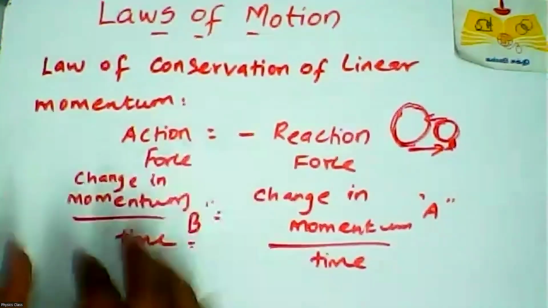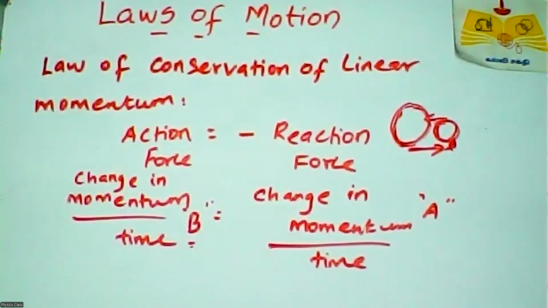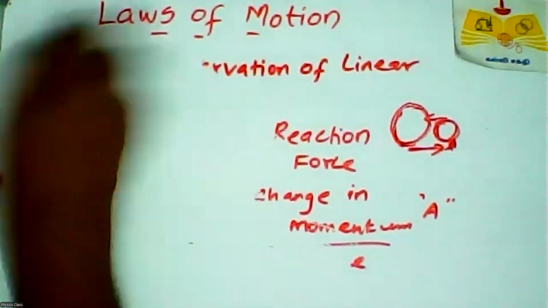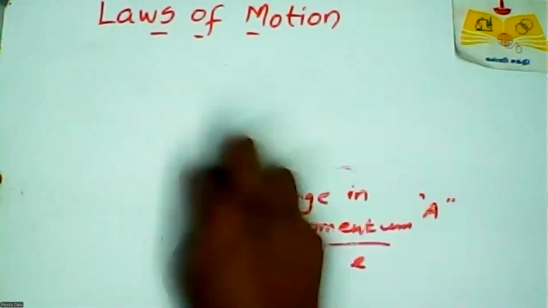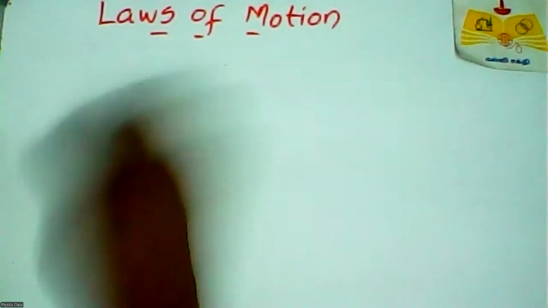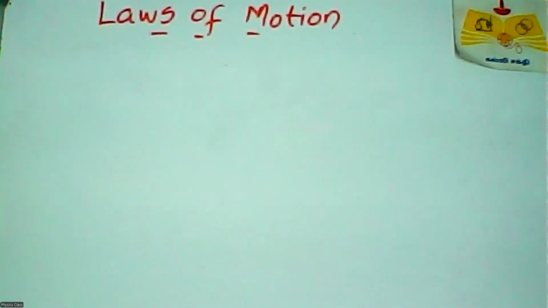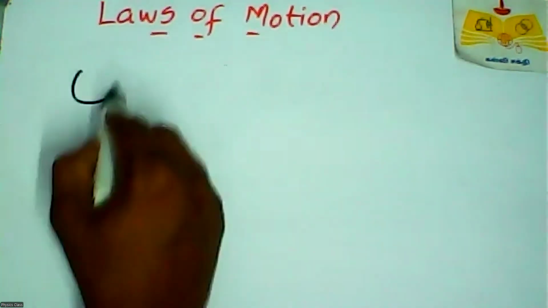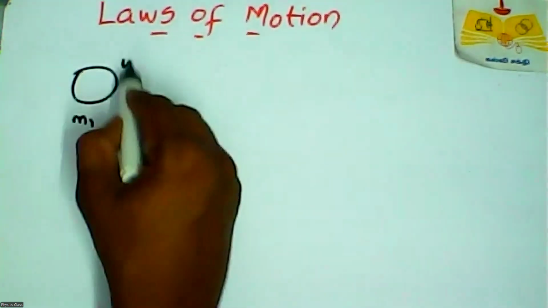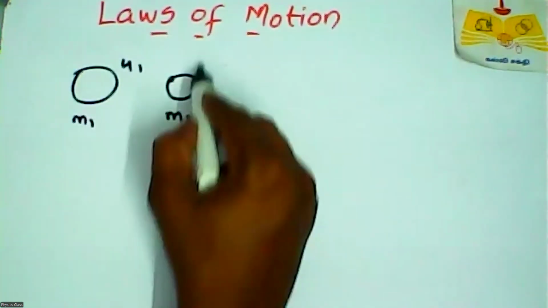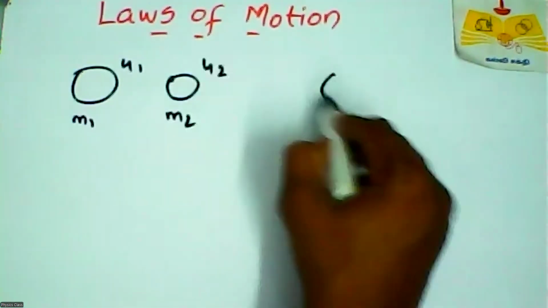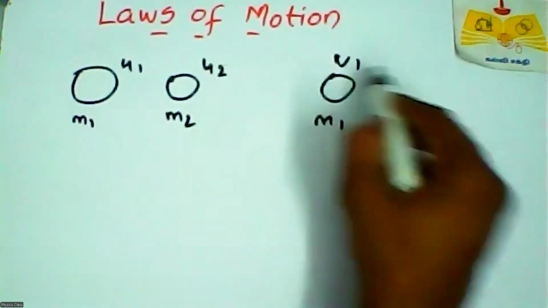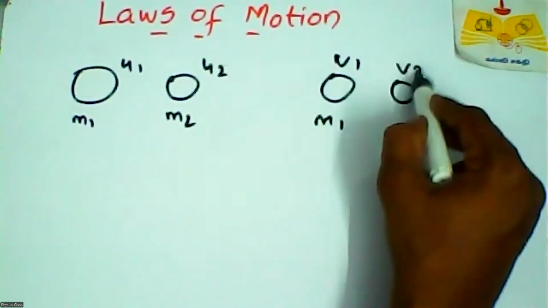Then next we can write in terms of m, u, v, v1, v2: m1, u1, m2, m1, v1, v2, m2.